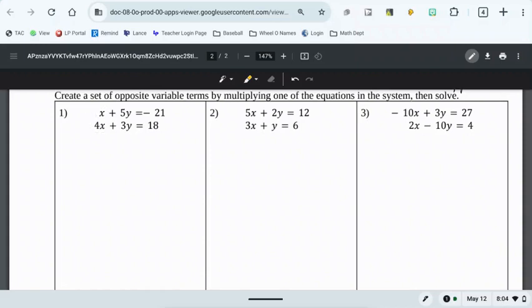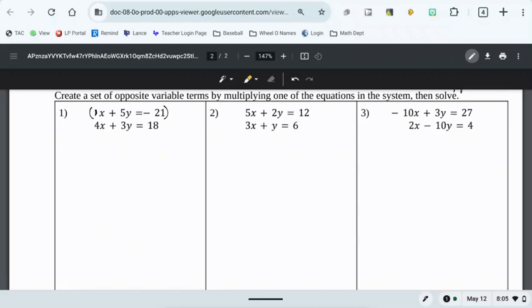But if you look at the y values, it's not going to be as nice for us to try and turn 3 into a -5 by multiplying. So we're going to want to choose the easier route, and these are the variables that we want to create opposites with.